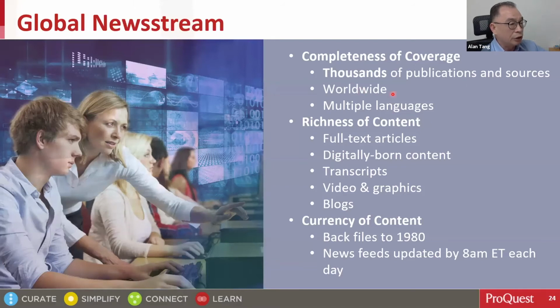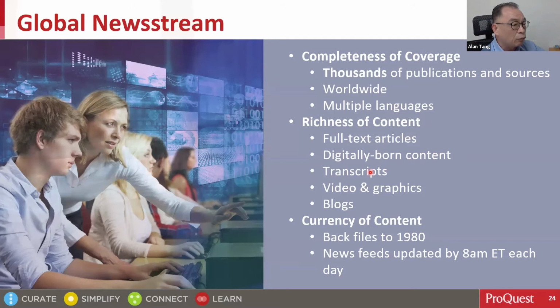It covers newspapers worldwide in multiple languages, not only English, okay? Very rich in content. It has full text articles and digitally born content, because when they publish, it is already in digital, not transformed from the printout and transcript.